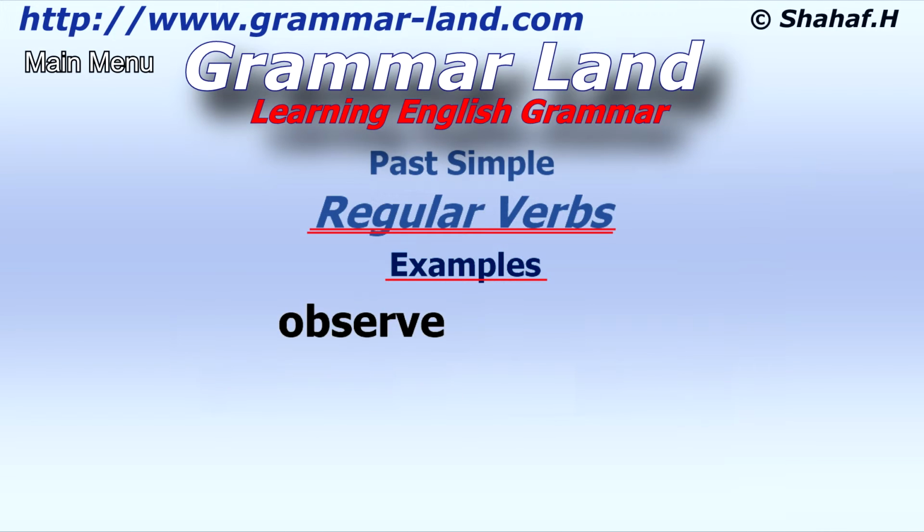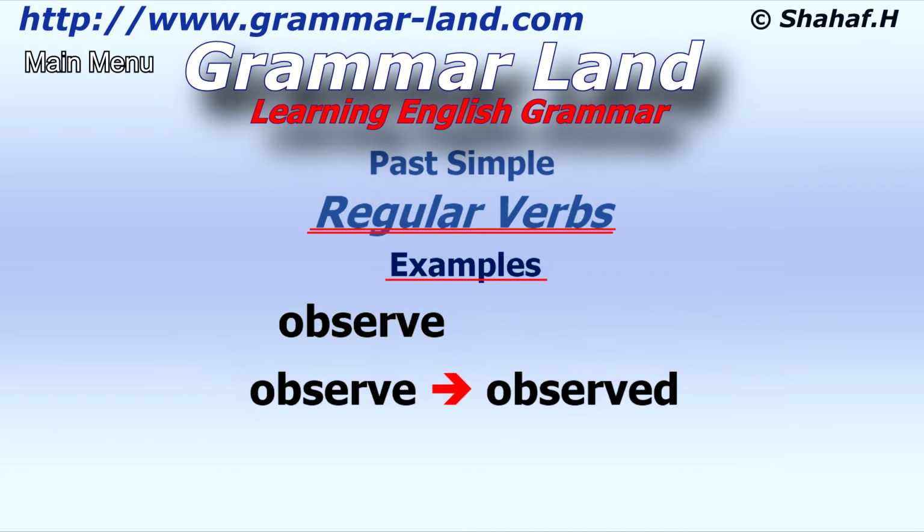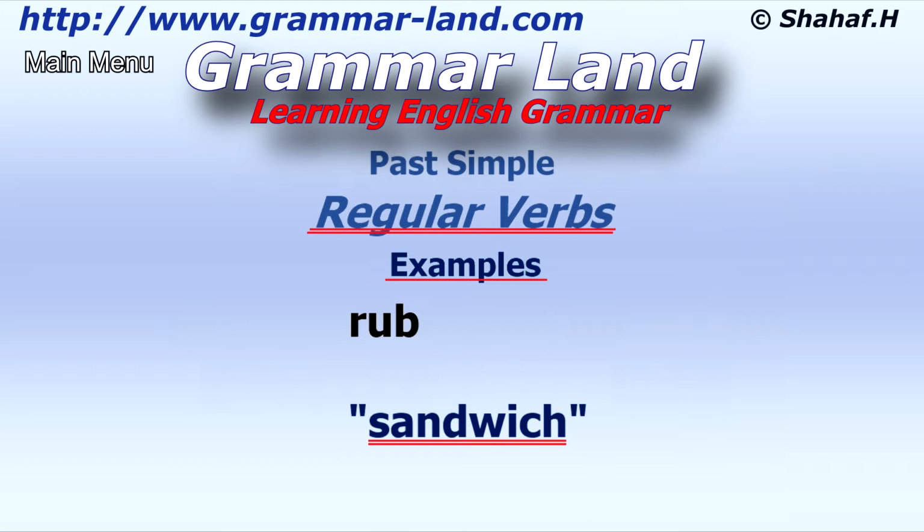Observe. The verb observe ends in the letter e, therefore, we'll just add d to it. Observe, observed. Next example, the verb rub. A sandwich again. B, consonant, U, vowel, R, consonant.